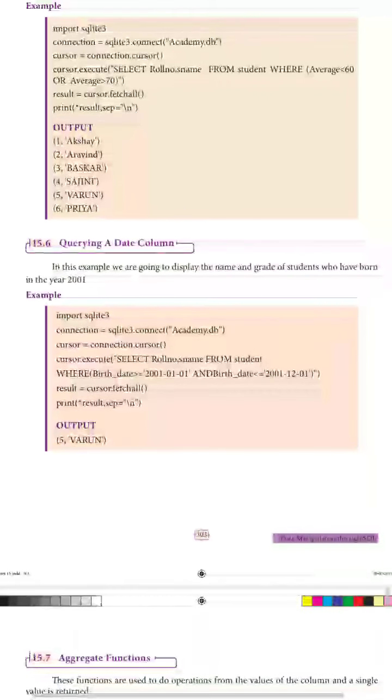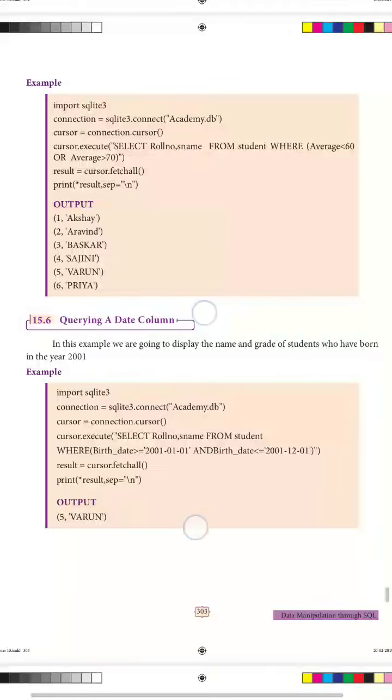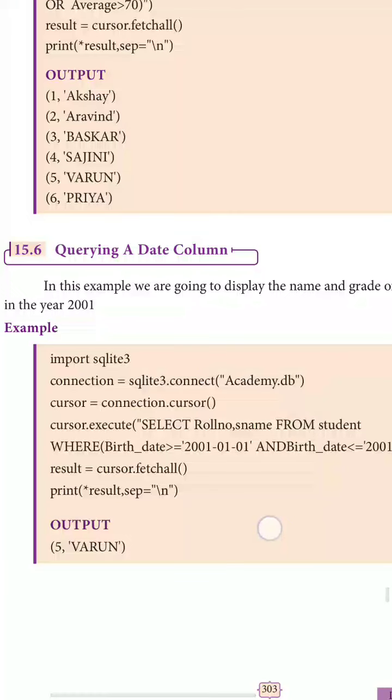So next is querying a data column, a particular column alone. To view the particular column, you can use this. Here they are using date of birth, from this date to this date.